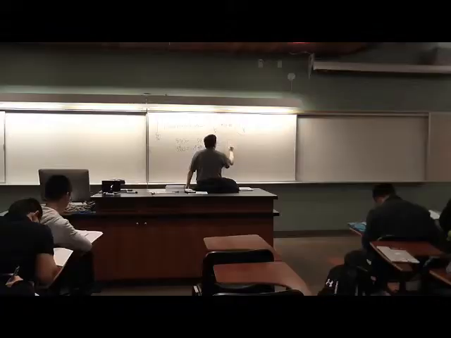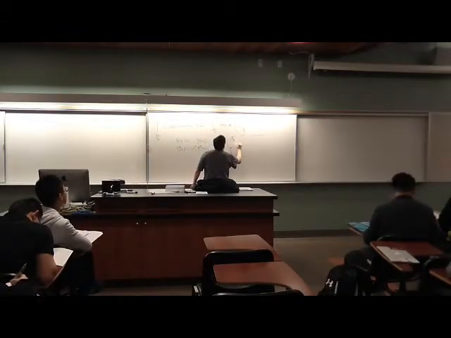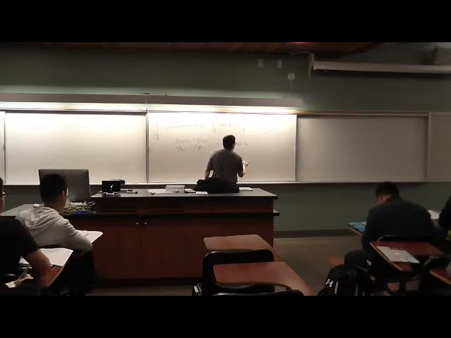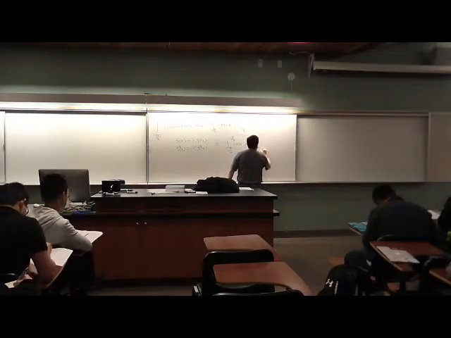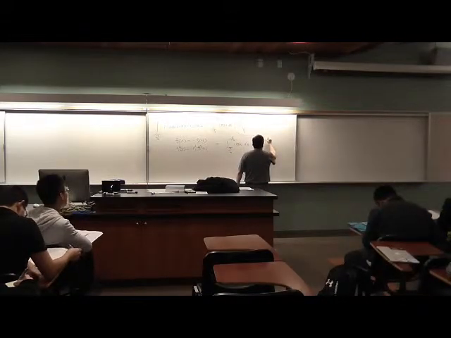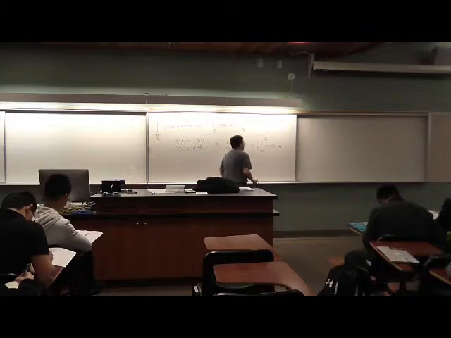So now all I have to do is find this integral, which again, I can simplify. It's just going to be 2 times the integral from 0 to pi over 2 of cosine of x dx. All right.